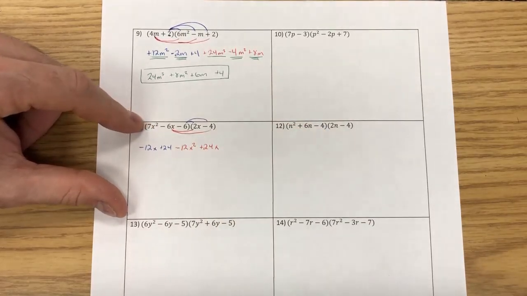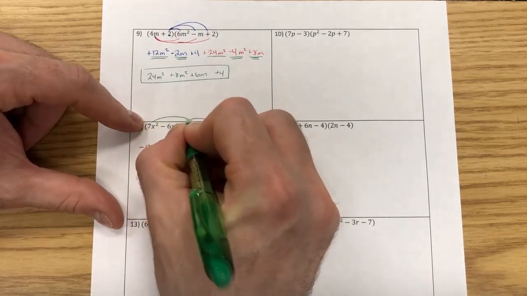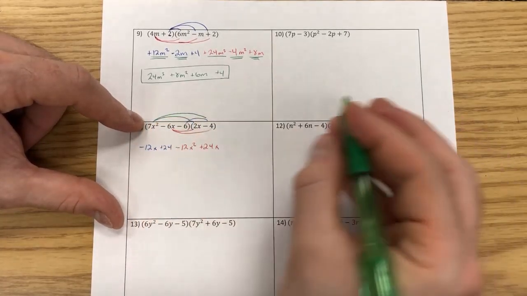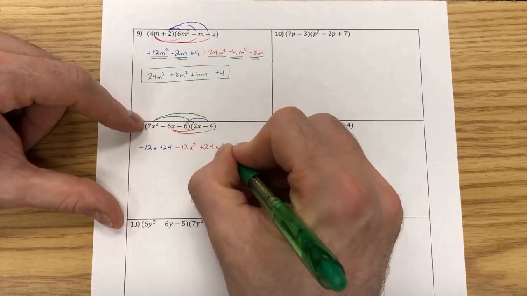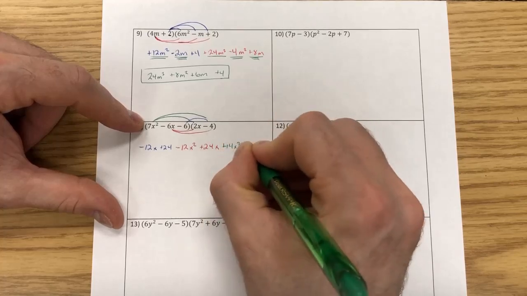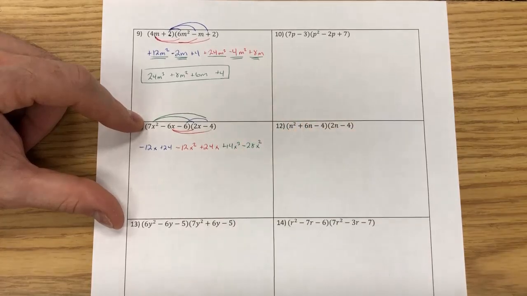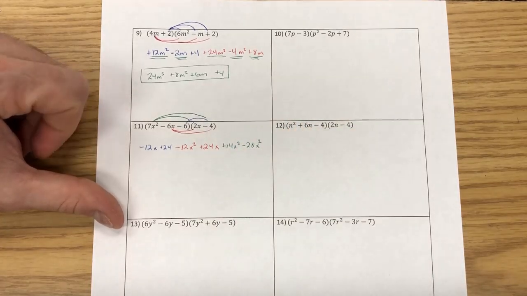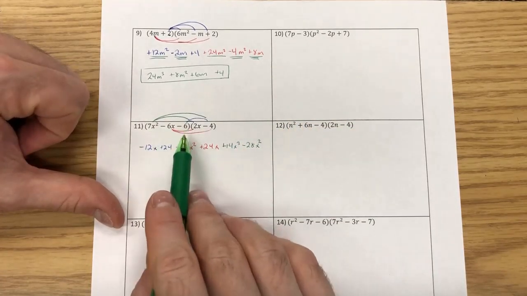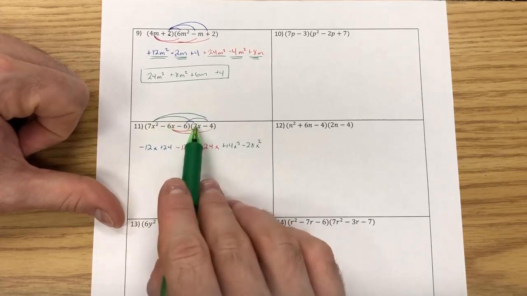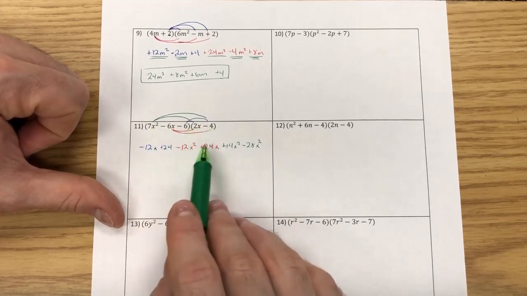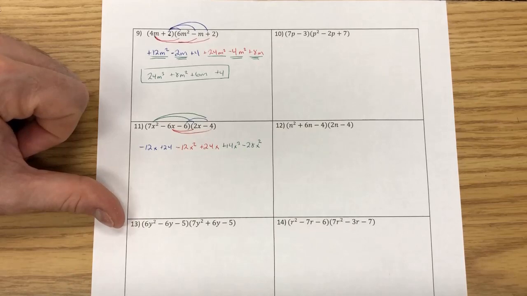And then last, I'm going to distribute my 7x squared. I get a 14x cubed, and I get a minus 28x squared. And so albeit I had 3 terms, I need to distribute 3 numbers to 2, so 1, 2, 3.